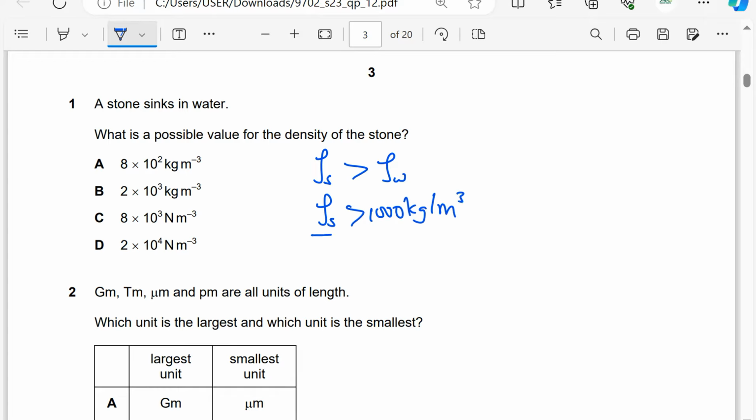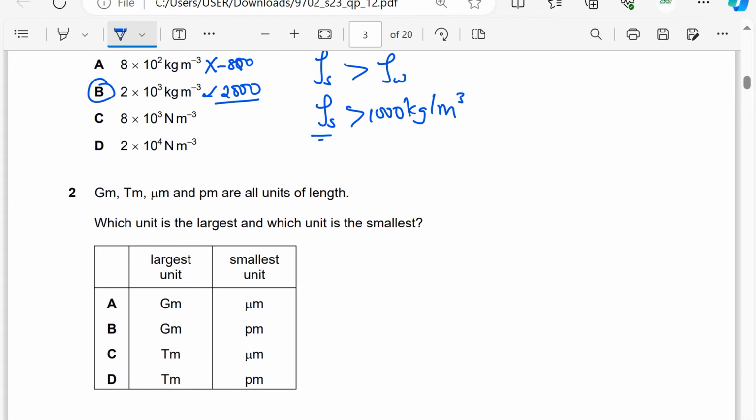So this one is wrong because this is 800. I think the answer is going to be this one because this is 2000. So this density is greater than 1000, so the answer is going to be B. An object only sinks if its density is greater than the liquid in which it is placed.